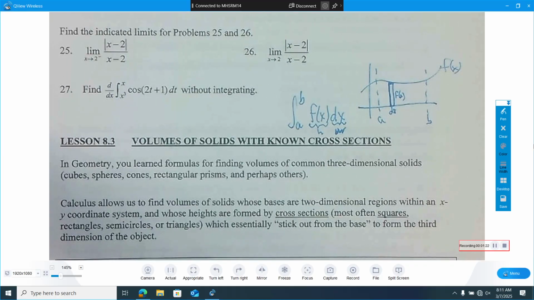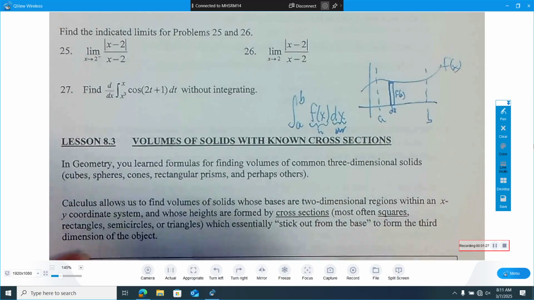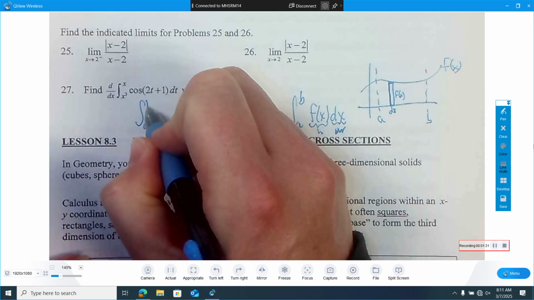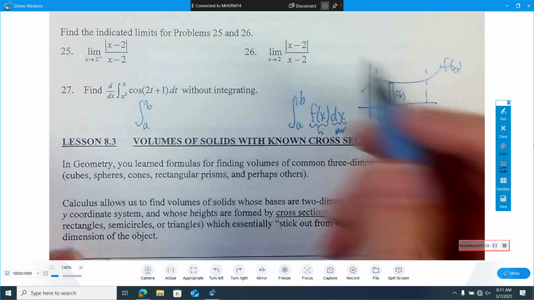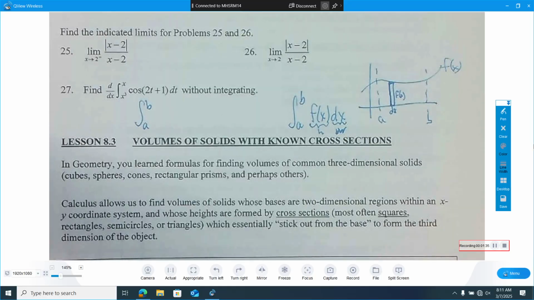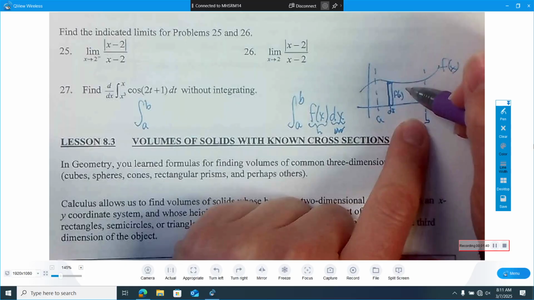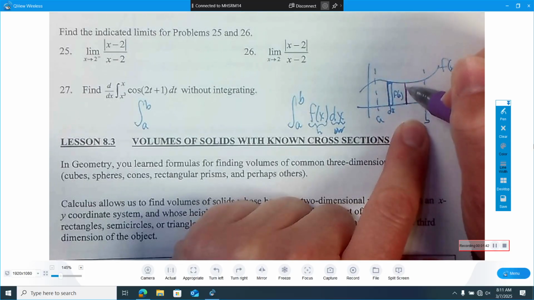Well, imagine, if you will, we have now an integral from A to B, and same idea, but instead of rectangles, what if we had a different shape?